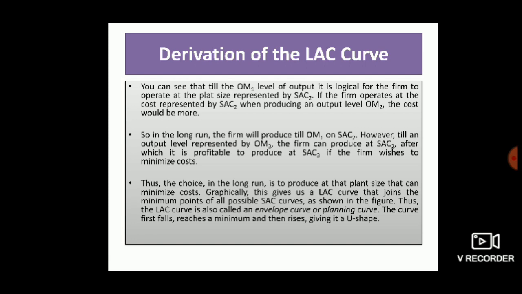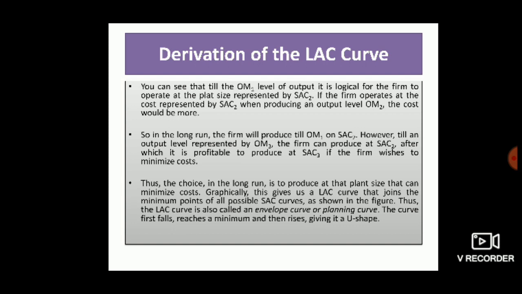Graphically, this gives us a LAC curve that joins the minimum point of all possible SAC curve as shown in the figure. Thus, the LAC curve is also called an envelope curve or a planning curve.